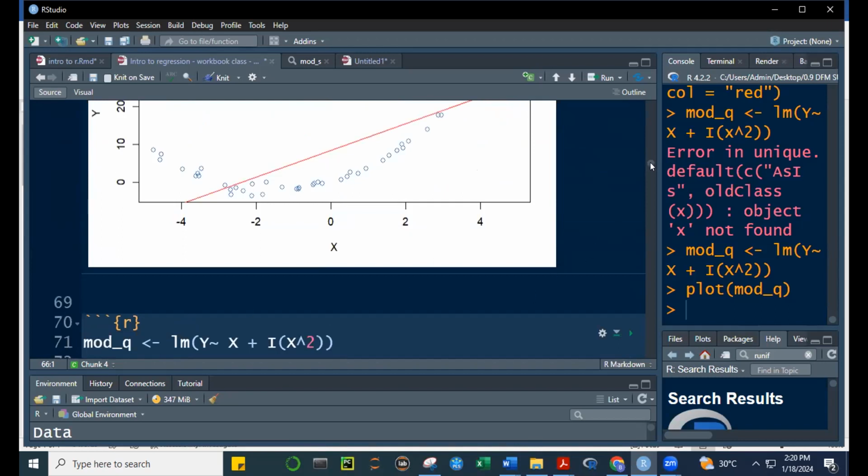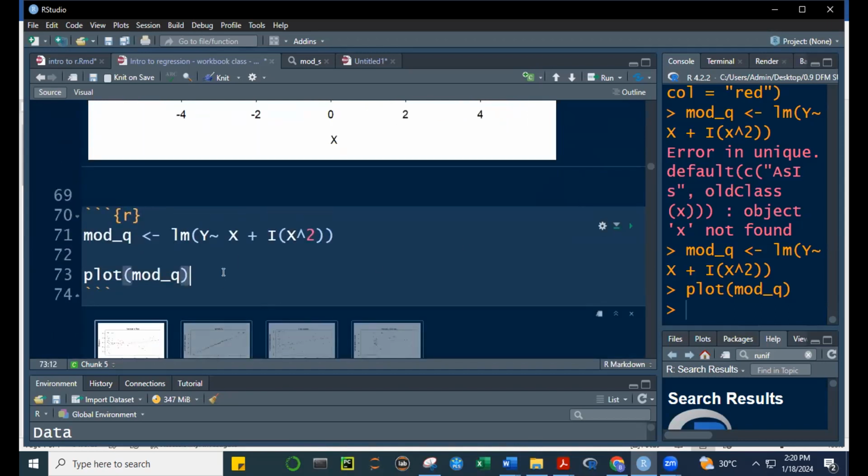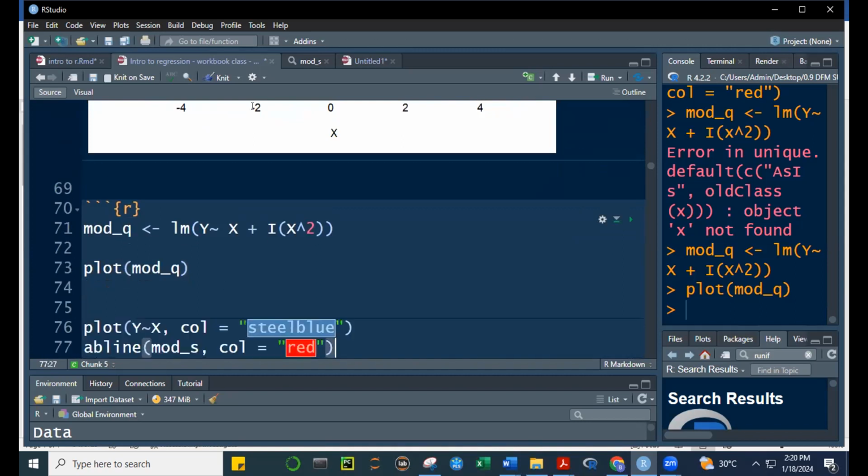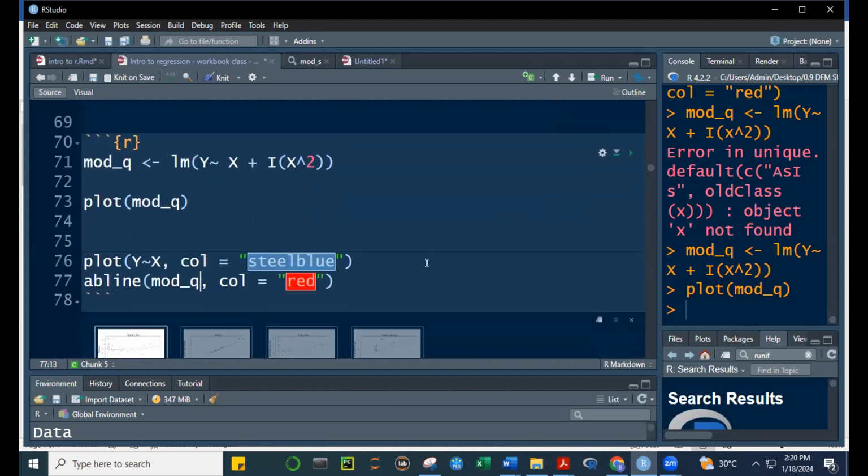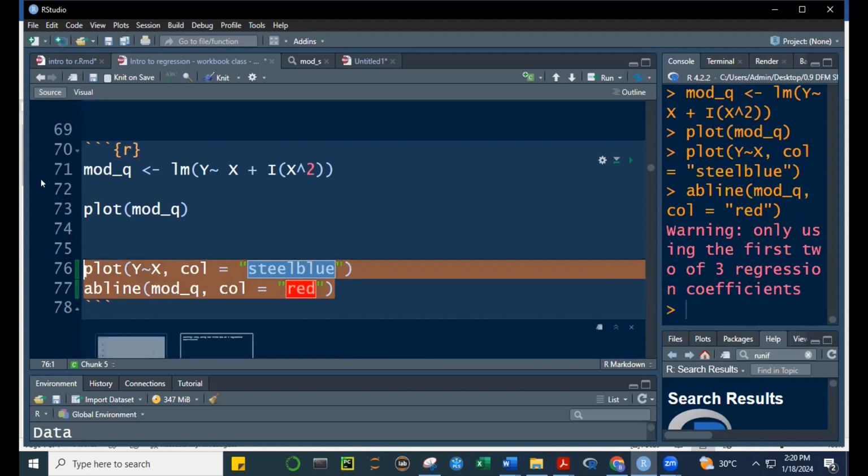And lastly, end ko na lang to, no? I-plot din natin to, class. However, I'm going to change this with Q. Tingnan nyo yung model na to, class. Pareho din sa taas, plot yung Y on X. And then AB line natin, yung regression line natin, we're going to use model Q and not model S. If I run this, control, enter.